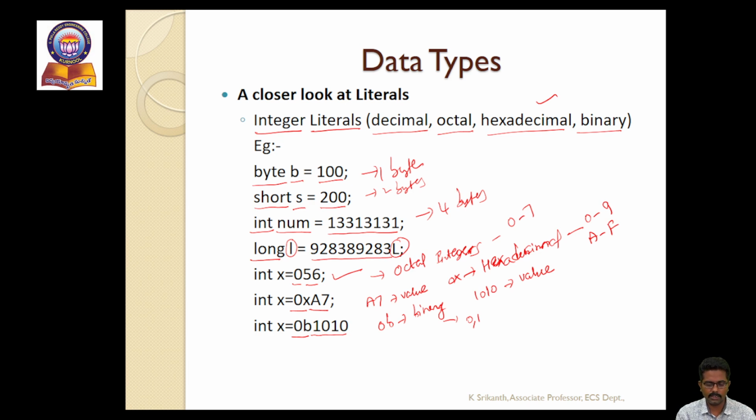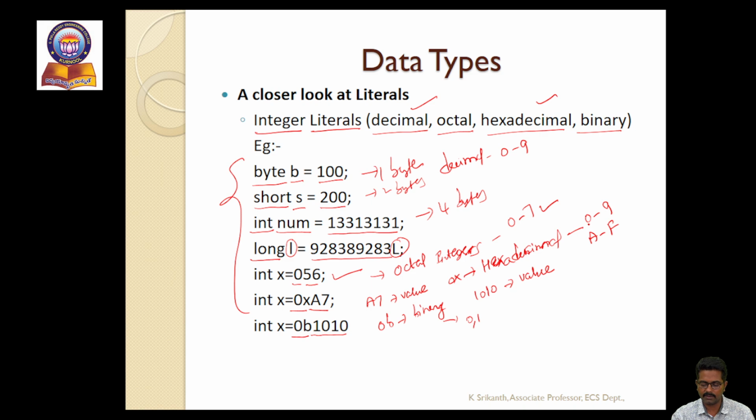So these are all integer literals. The integers can be of type decimal, which means it supports digits from 0 to 9. Octal supports the digits from 0 to 7, whereas hexadecimal format supports digits from 0 to 9 and capital A to F. Capital A means 10 and capital F means 15.